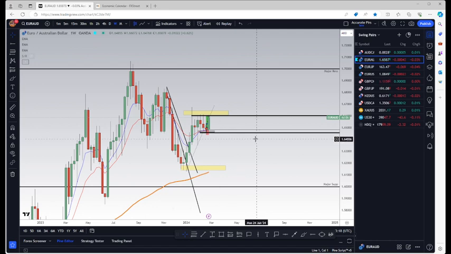So I do believe, what I can see for EUR/AUD, honestly, I can see this breaking the support level and riding it down. And if I do get this trade, 1, 2, 3, I'm looking to ride this all the way down to the support level at the 1.61 area.